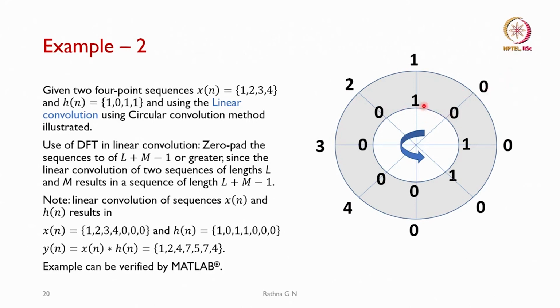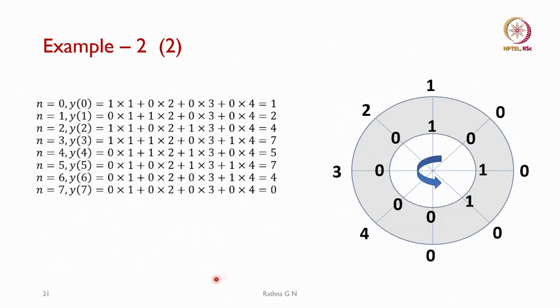Here also we will be doing 1, 0, 1, 1 and 4 zeros. Same way as the previous one, you can shift. The resulting value with circular convolution, you will be seeing, is 1, 2, 4, 7, 5, 7, 4, which can be verified using MATLAB, or the next slide shows how it has been implemented.